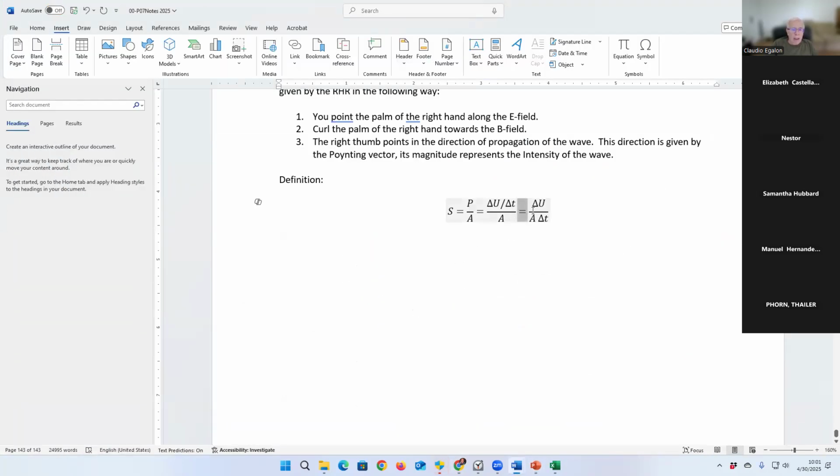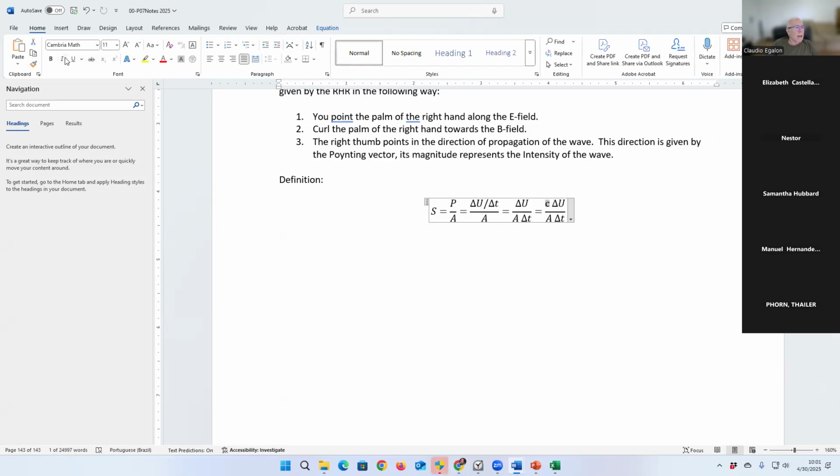So if we go ahead and multiply the top by c, which is the speed of the electromagnetic wave, and divide the bottom by c, we have the same equation displayed in a different format.